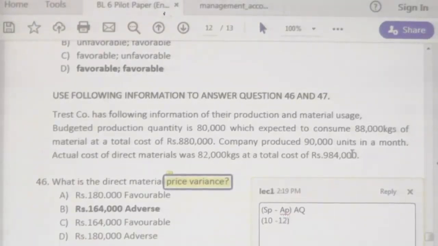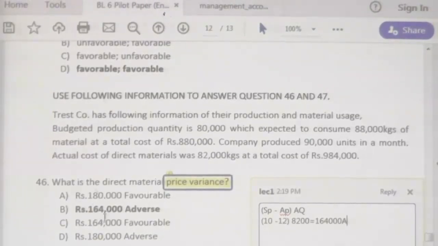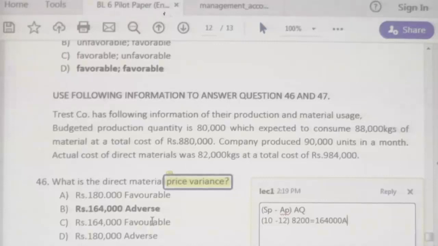Now you can see you have incurred an additional 2 rupees per kilogram. The actual quantity you consume is 82,000. Therefore, the answer will be 164,000. Since you have incurred 2 rupees more, that is an adverse variance.